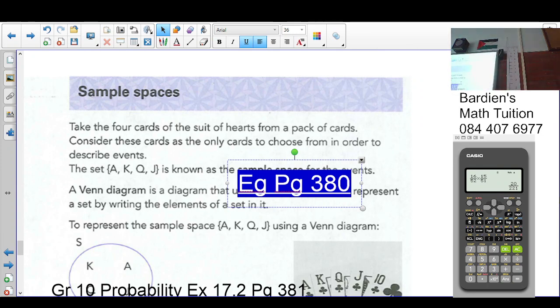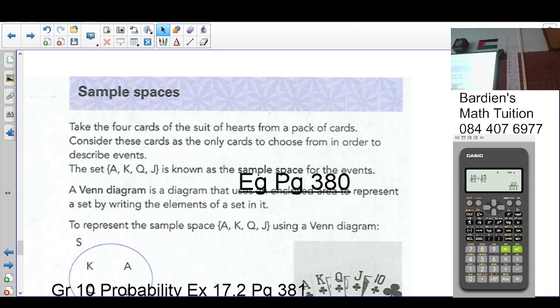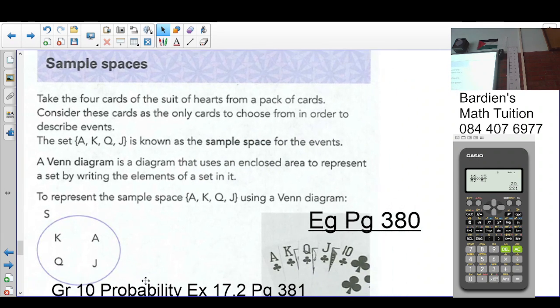Sample space: take the 4 cards of the suit of hearts from a pack of cards. Consider these cards as the only cards to choose from in order to describe events.